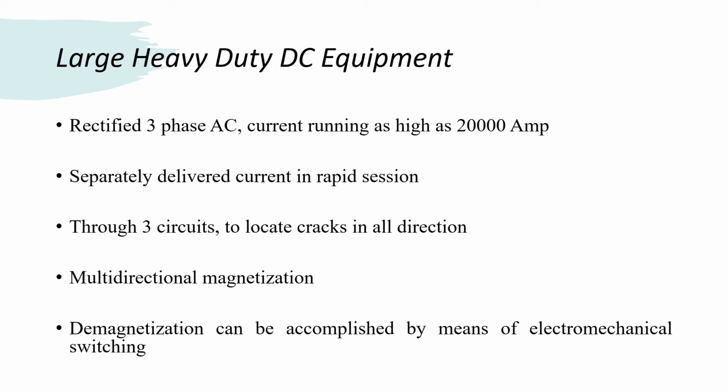Very versatile types of heavy duty stationary equipment are those direct current units designed for application of the overall method of magnetizing for the inspection of very large and complicated castings.